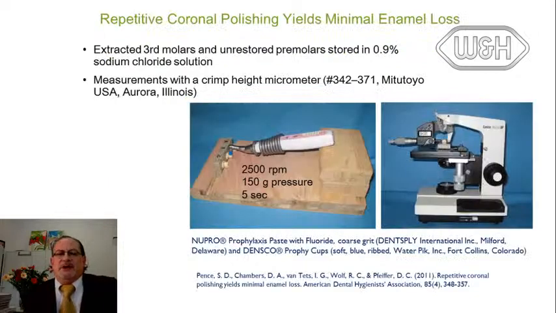In order to answer the question whether continuous polishing for many years leads to enamel loss, this interesting experimental setting has been developed by Pence et al., and it was reported in 2011. So they were using a handpiece with 2,500 rounds per minute with a pressure of 150 gram for 5 seconds for every tooth surface.